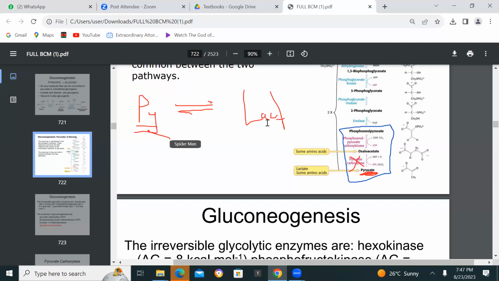By the principle of equilibrium, we will start making more and more lactate. And we know when lactate accumulates in the body, we'll have this condition called lactic acidosis. So that's the mechanism by which metformin causes lactic acidosis.